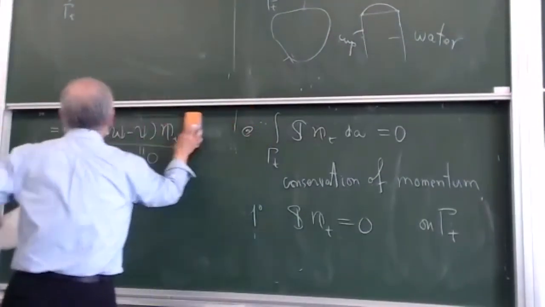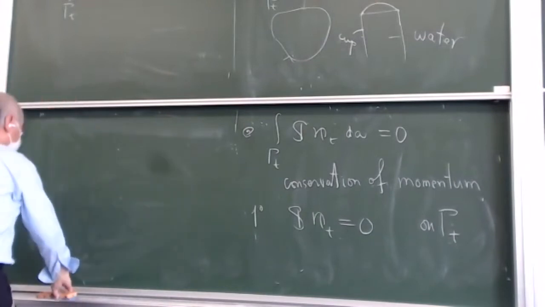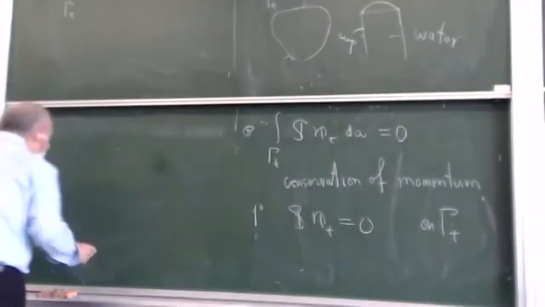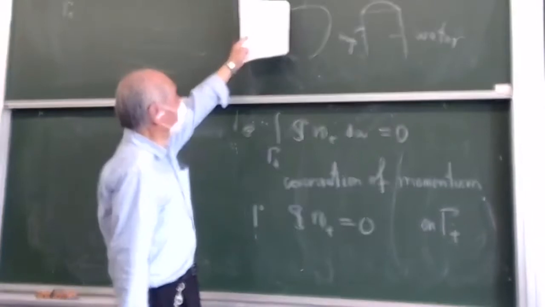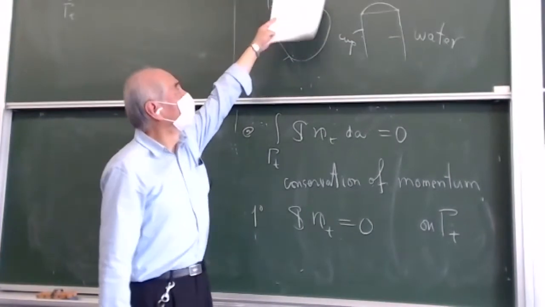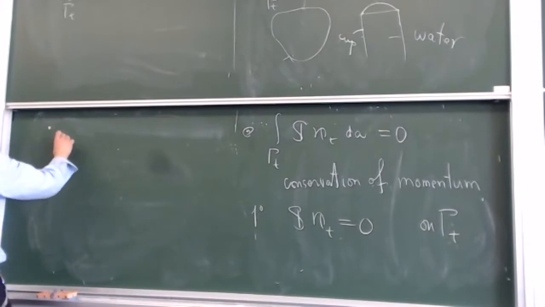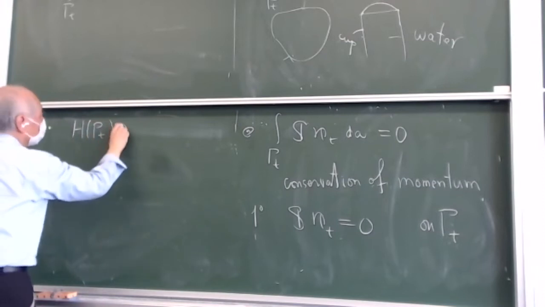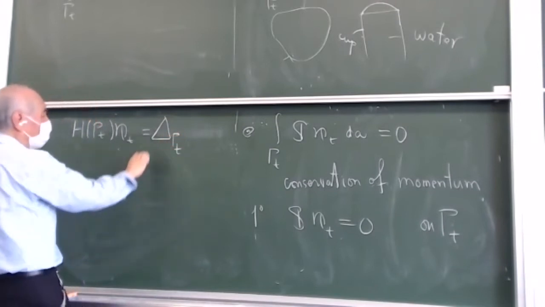Now I don't explain how to represent these capillary forces, but maybe later when we consider a surface tension problem in mathematics, I will give you more detail on this. But now, okay, H gamma T is given by the Laplace-Beltrami operator on gamma T.